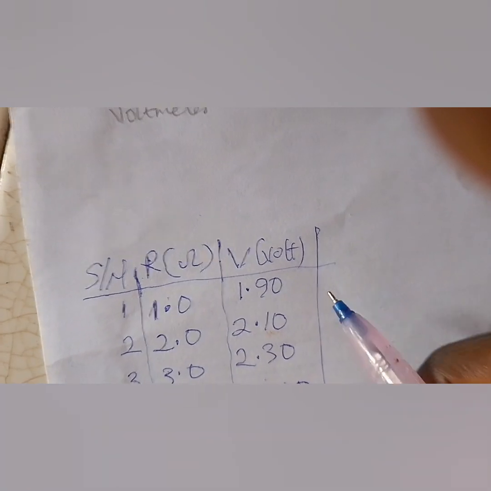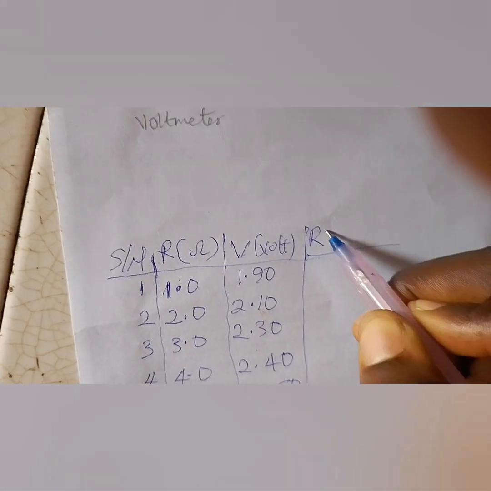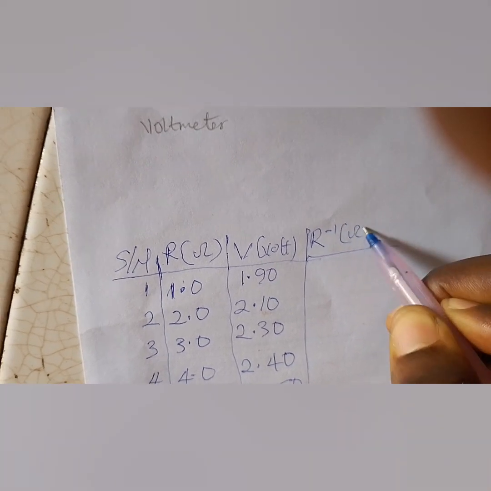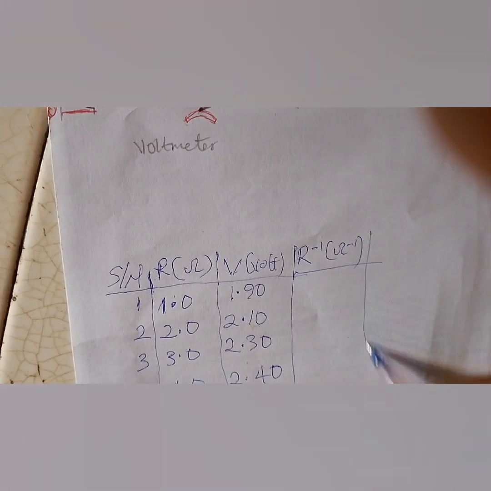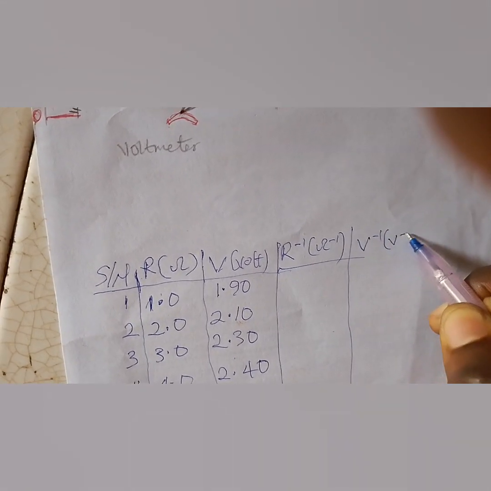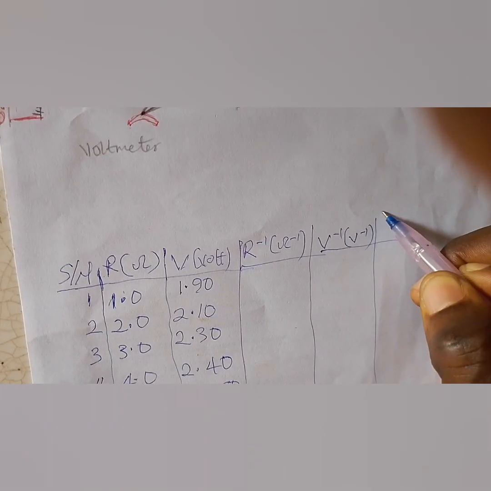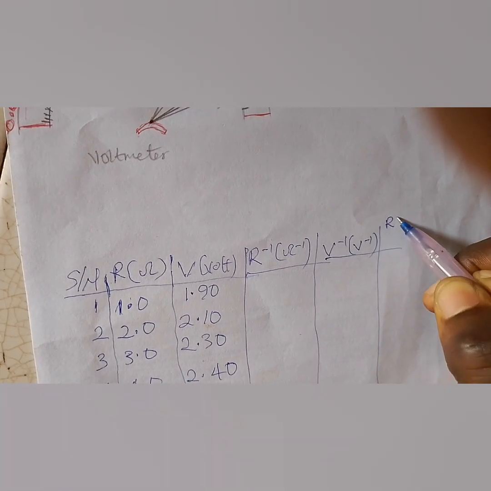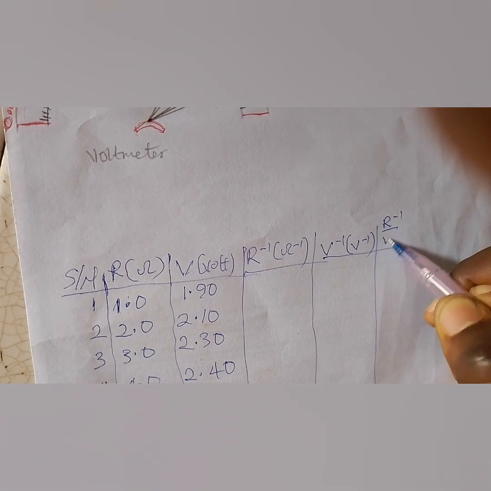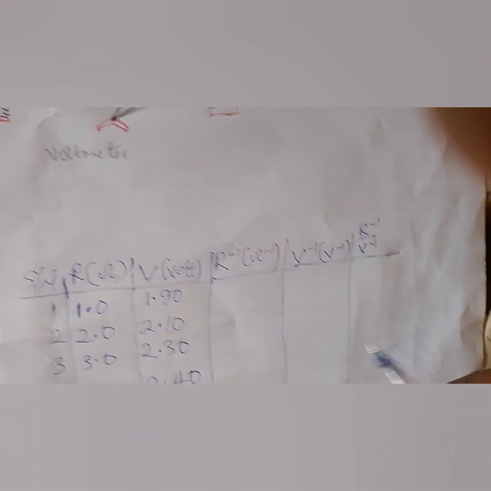That is R inverse, that is ohm raised to power minus 1. V inverse, that is volt raised to power minus 1. And also we have R inverse over V inverse. Do you get that?